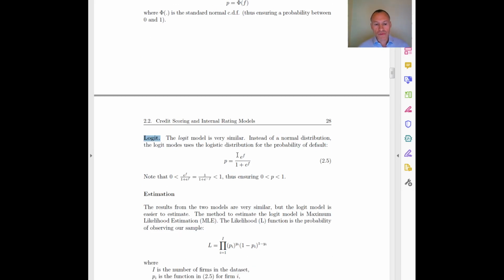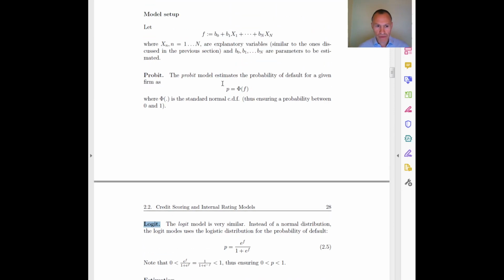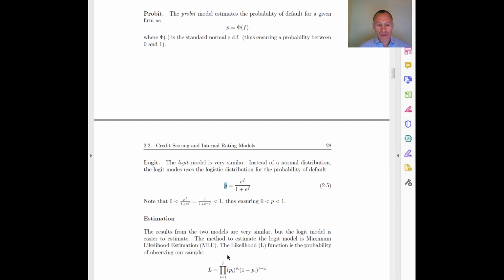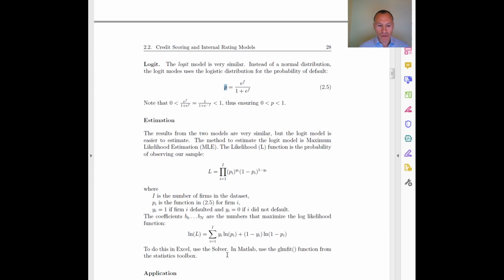So I'm going to take that f function that I have up there, this whole thing, and put it through this transformation, which makes the number that comes out, this p, indeed a number between 0 and 1. Whatever the f number is, once I do this transformation, p is always a number between 0 and 1.